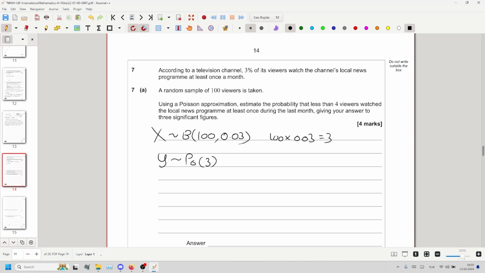So it's Poisson 3. And it asks us to find the probability that less than 4 viewers watch the local news program at least once during the last month. So that would be the probability that Y is less than 4, and that simply is the probability that Y is less than or equal to 3, which is the Poisson CDF.